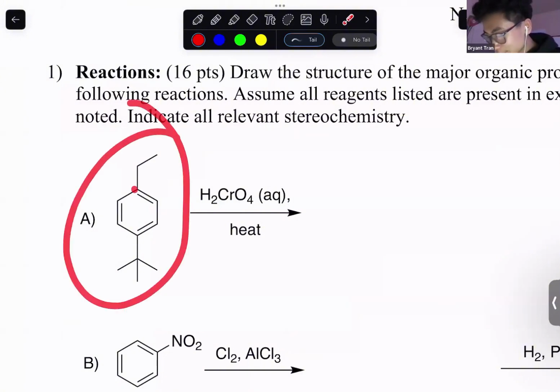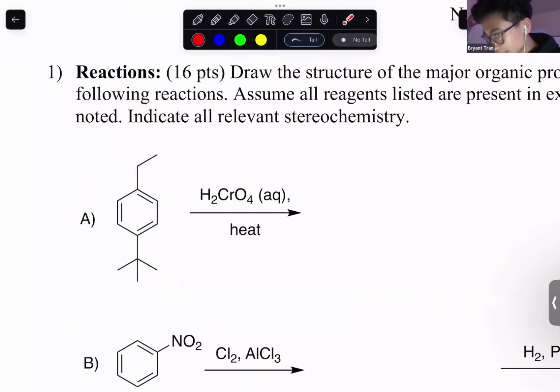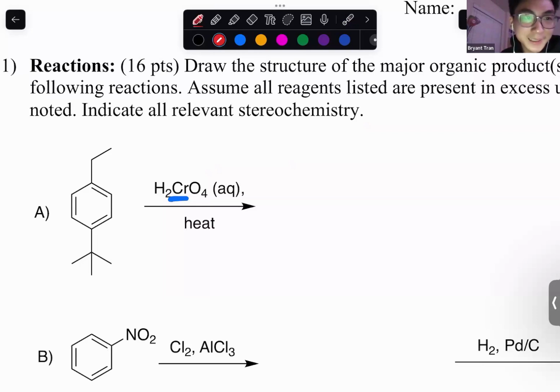When we see a benzene with benzylic carbons and chromic acid, H2CrO4, what are we looking for here? What is the thing we are looking for to get a reaction?